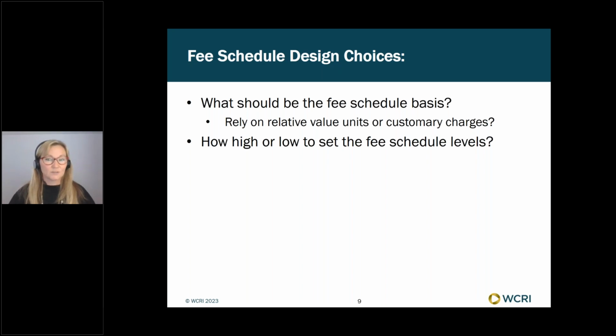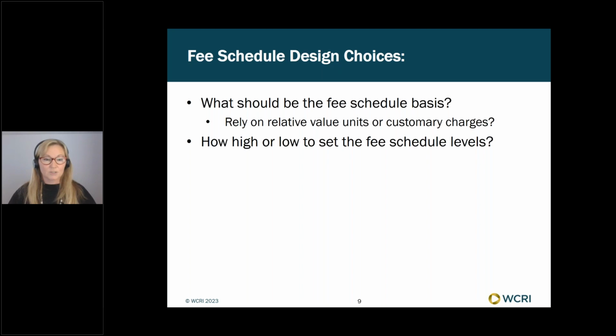And setting a fee schedule level involves a delicate balance. If rates are set too high, savings will be negligible, and the cost containment goal will not be achieved. On the other hand, setting rates too low might result in access to care issues.